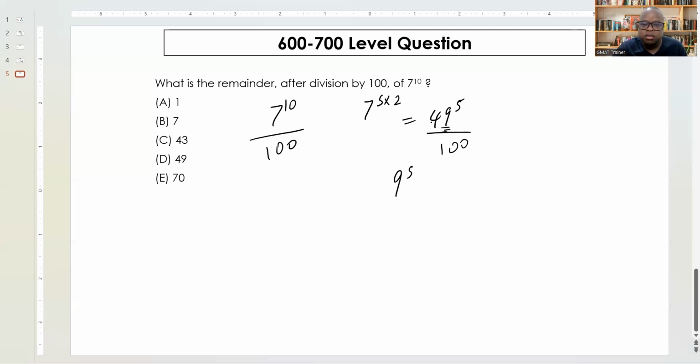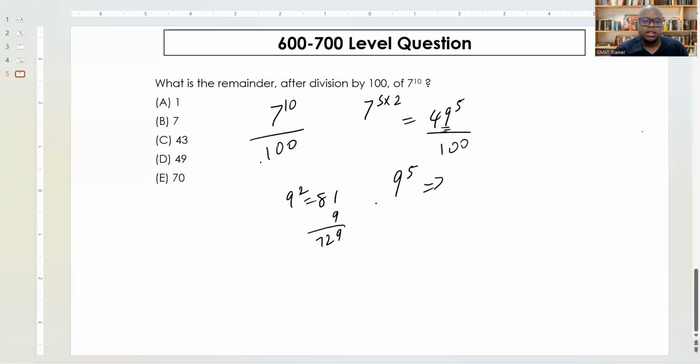So now looking at 9 raised to power 5, whatever the unit digit will be, it will actually be the answer to these ones. So we have 9 raised to power 5. For simplicity, let's say 9 squared is equal to 81, times 9 again will be 729.